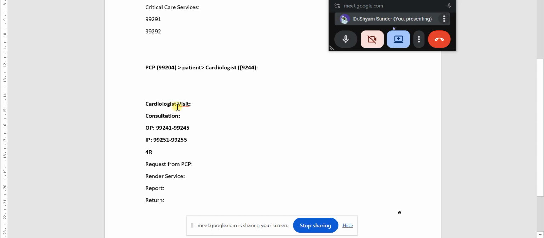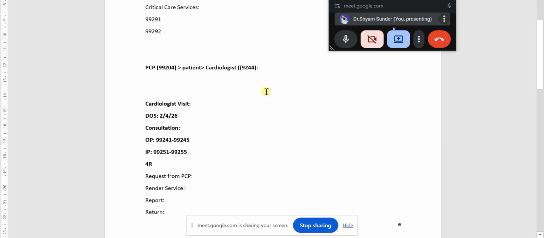When you read the cardiologist report, the first thing what will you see? There is a letter written by the PCP that came to the cardiologist. Without this request, the cardiologist will not know where the patient is coming from and why he has to examine the patient. So you are totally looking at the cardiologist visit. The date of service may be 2426.